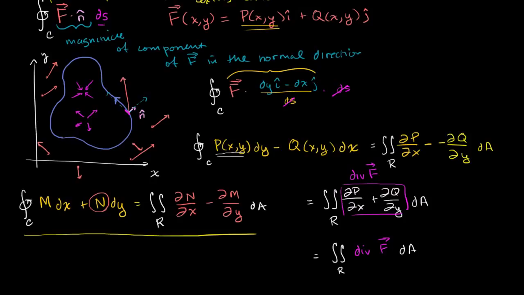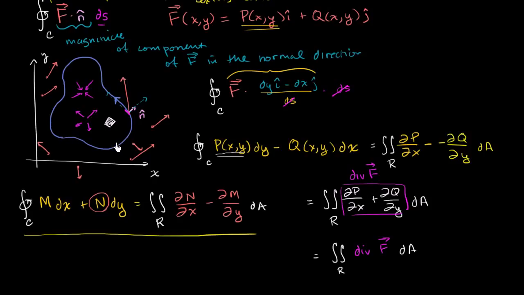And so this should make a lot of sense. You take any infinitely small area in this, and then you multiply that times the divergence there. So the more divergence here, you're going to get a larger number. And then you sum them up across the entire region. And so that makes a lot of sense. The more diverging that's going on through your region, obviously the more stuff is going to be exiting your boundary over here.